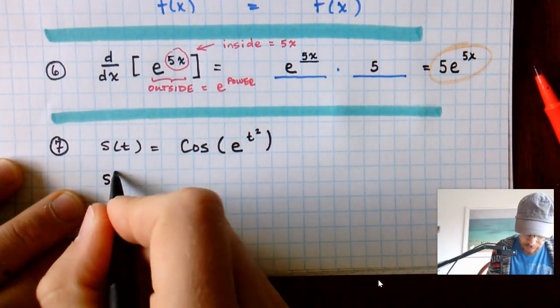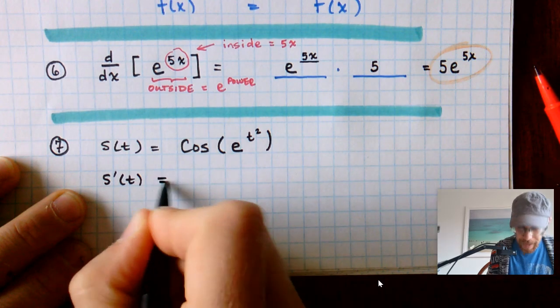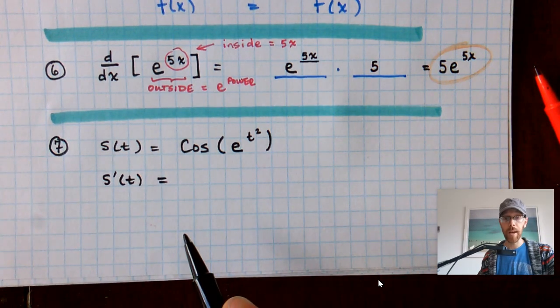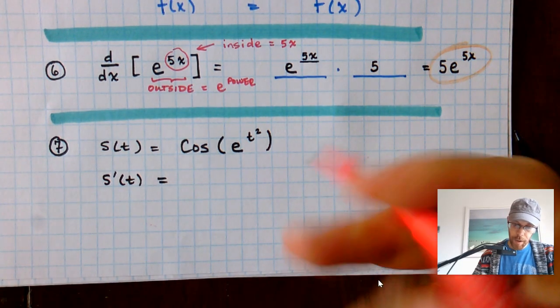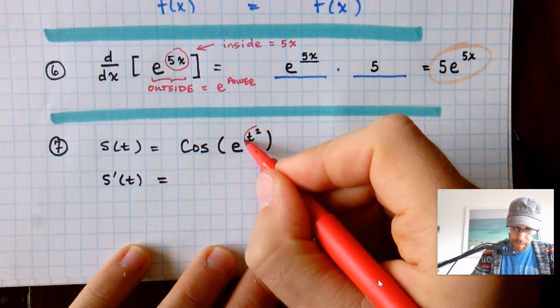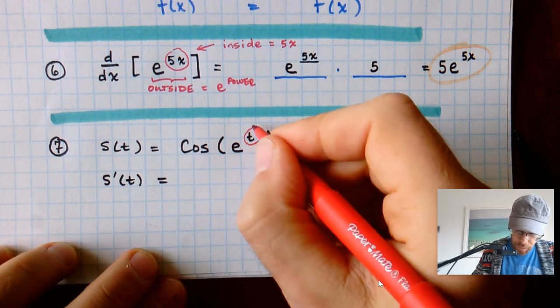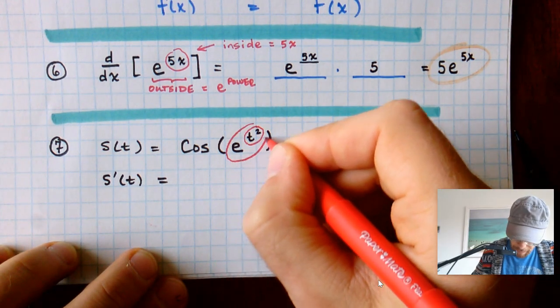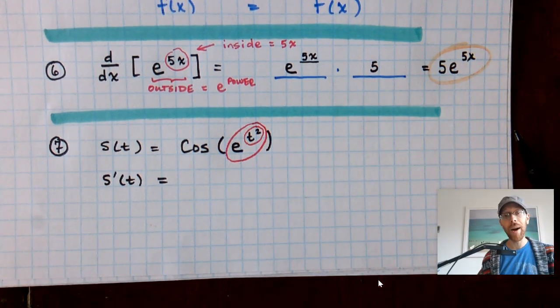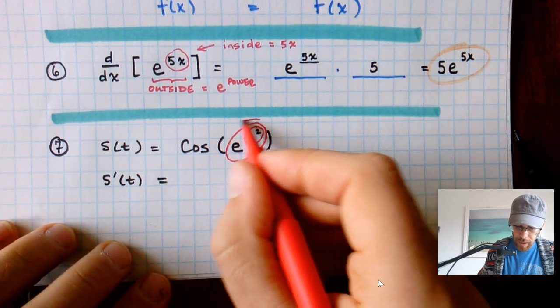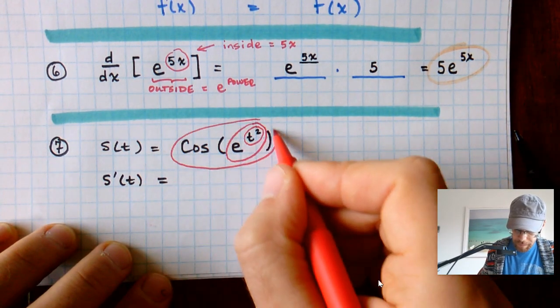And you want to come up with the derivative. I'm doing this one because this is a 3-stepper. Look, our innermost function would be to square the t. Our middle function would be e to the power. And then our outermost function would be the cosine of something.